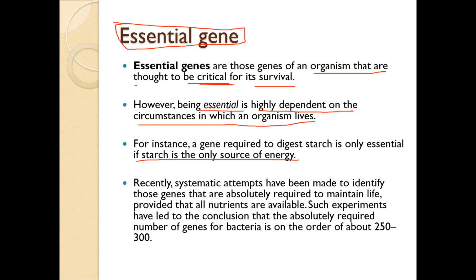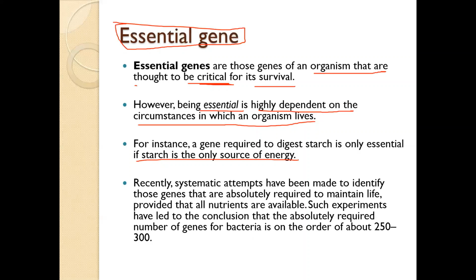So in our case, if we do not have the amylase-producing gene, it may be very difficult, and the organism may not survive, because we get our energy from starch only. Our main food source is starch.